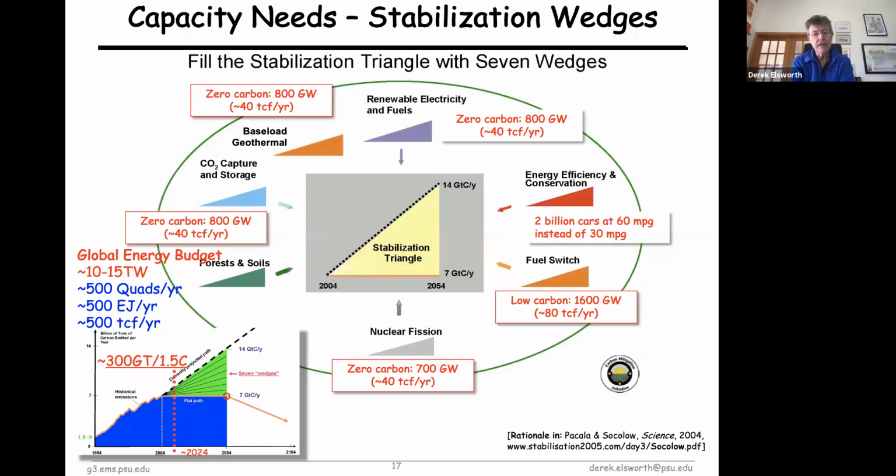And so the 4 things that are relevant to this class, partially relevant because they deal with the subsurface, would be that you introduce baseload geothermal, and you replace 800 gigawatts of coal-fired generation, 800 power plants in 50 years that are burning coal right now, and you replace that with the same amount of energy coming from geothermal energy. It's a big ask, of course. You could pump the CO2 from 800 plants underground and keep it sequestered, still burning coal, business as usual, or burning natural gas, business as usual.